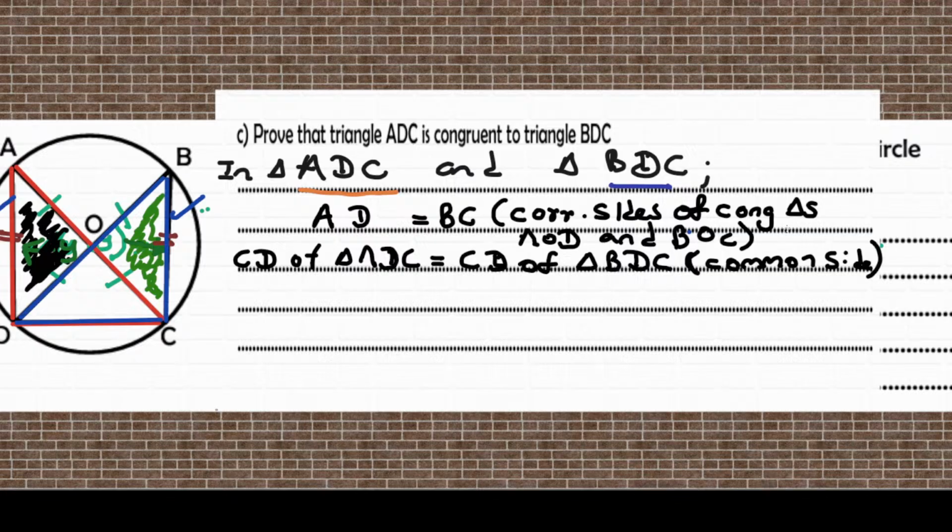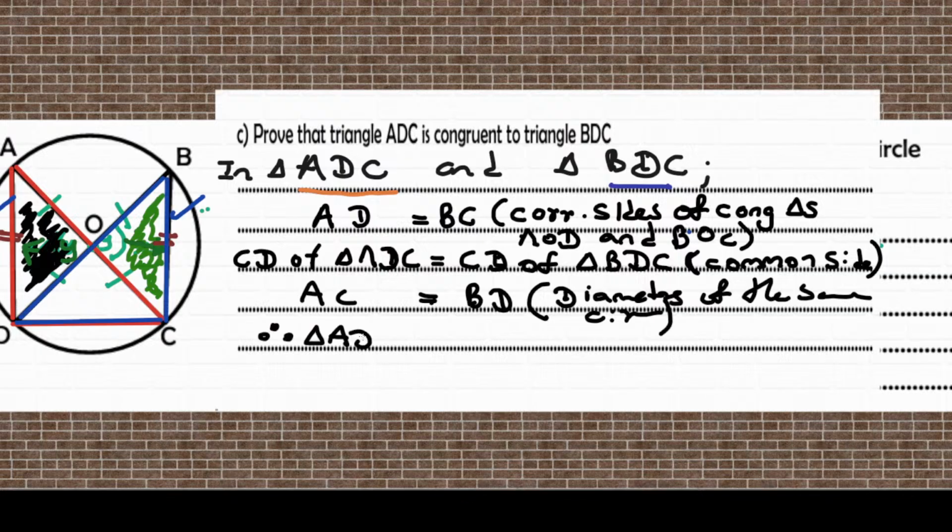CD is a side of the orange triangle and also a side of the blue triangle. Then we have AC equals BD. Why? Those are diameters of the same circle. Right. So therefore, triangle ADC is congruent to triangle BDC. What is the condition? SSS.